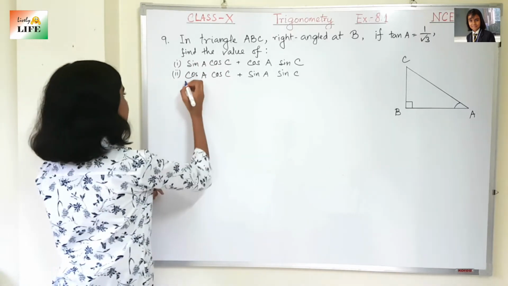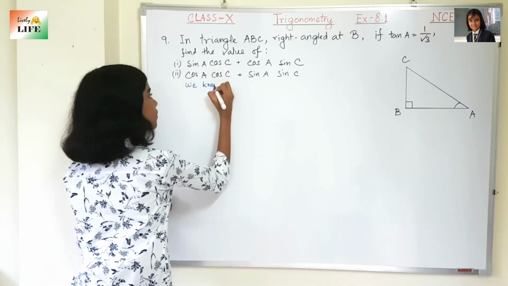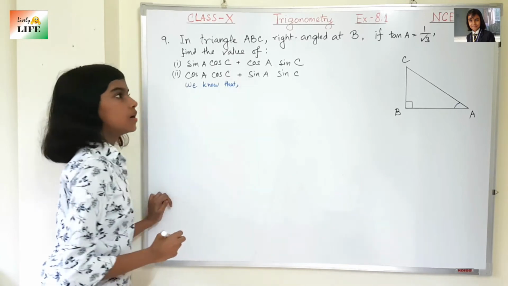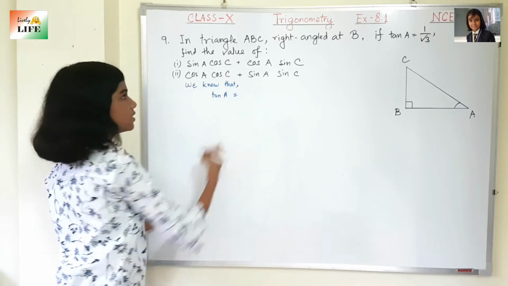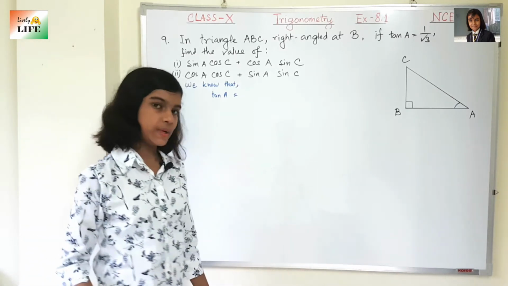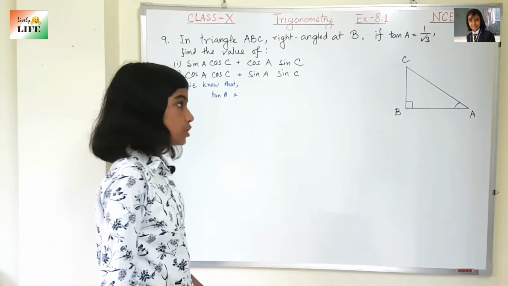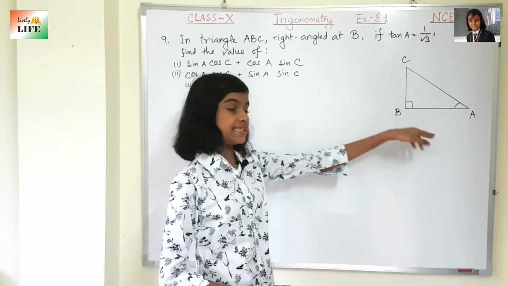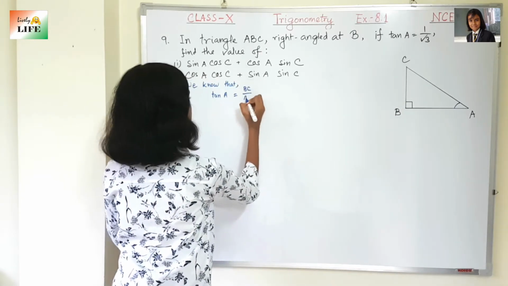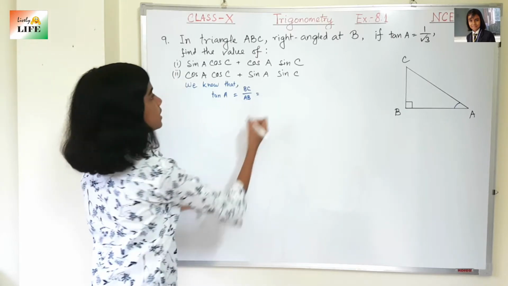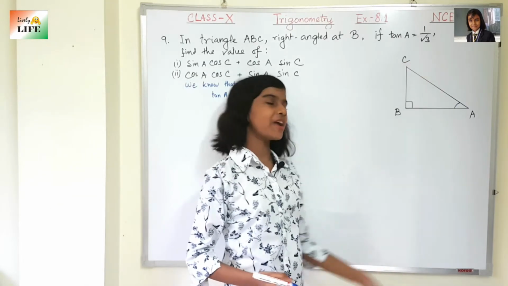So we know that tan A is equal to, what is tan A? Tan A is equal to perpendicular by base, it means BC by AB, right? Equal to what is given over here? 1 by root 3.